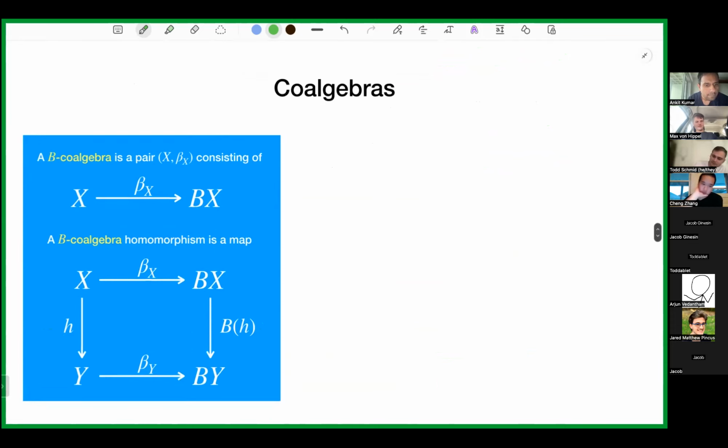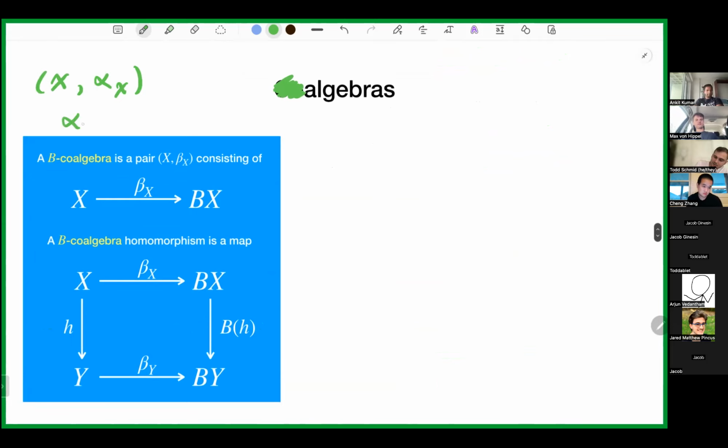So algebras are really pairs that consist of a set and a structure map that takes us from computations of type sigma in the variables, and applies algebraic operators and gives you back elements of that set. So algebras go in one direction.